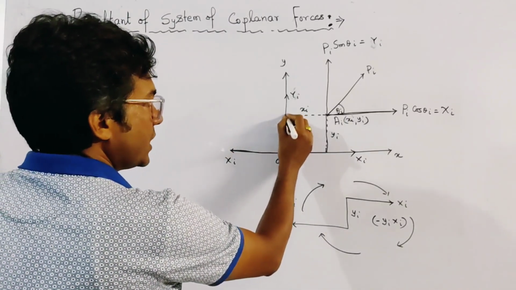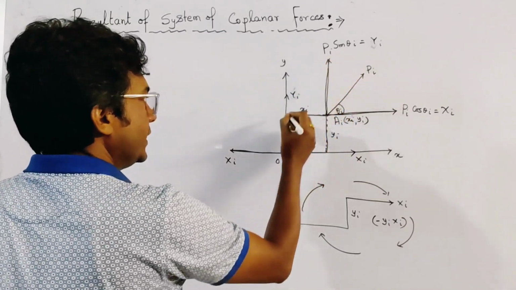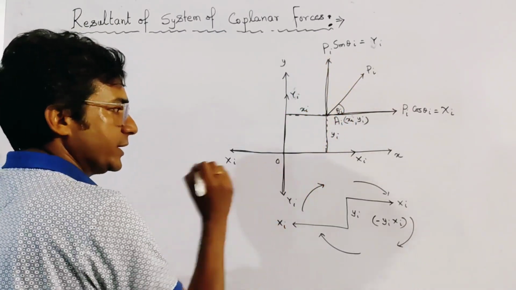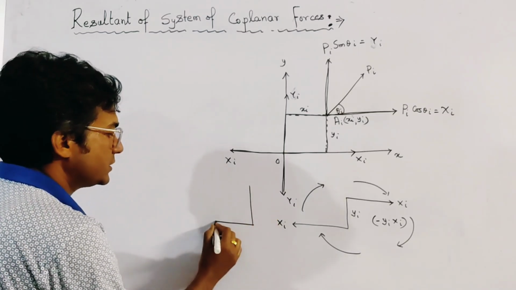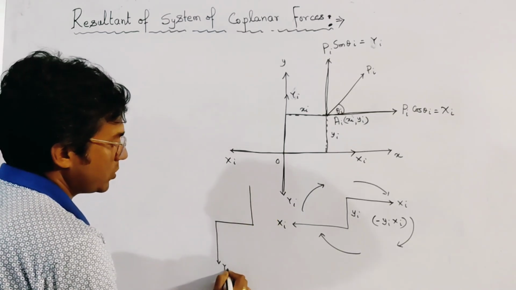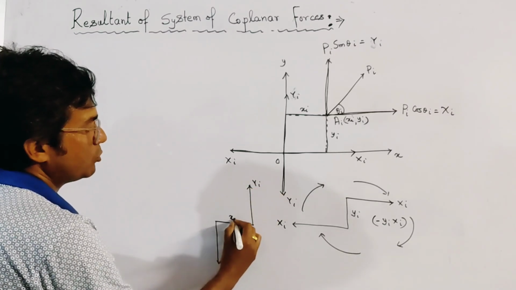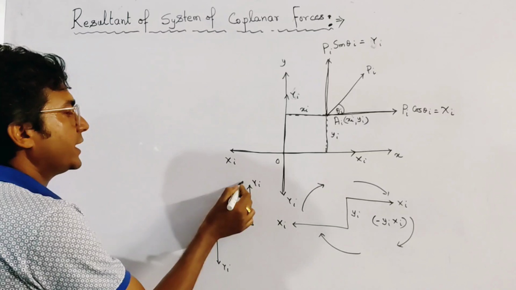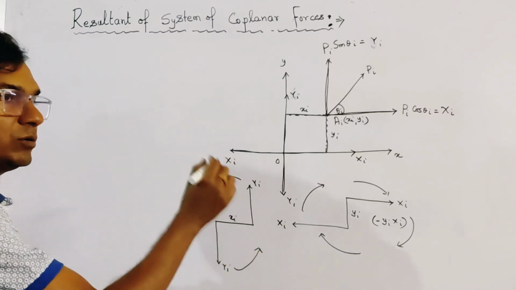Clearly another couple is formed here. The arm is this xi and the force is Yi, another force is also Yi. So here is a couple like this, this is Yi, this is also Yi, and this is small xi, and the sense of rotation of this couple is anti-clockwise.